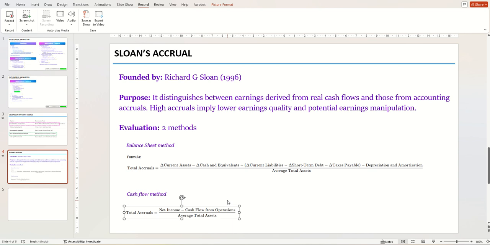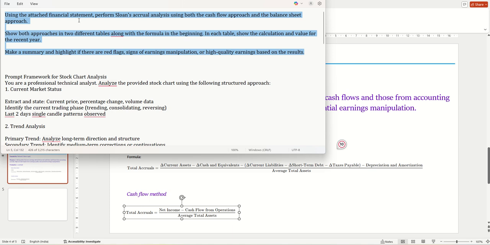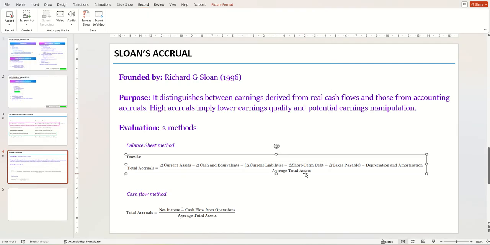The prompt I'm going to use is: using the attached financial statement, perform Sloan's accrual analysis using both the cash flow approach and balance sheet approach. Show both approaches in different tables along with the formula in the beginning. In each table, show the calculation and value for the recent year. I don't want the previous year, because for that you need the financial statement prior to that.